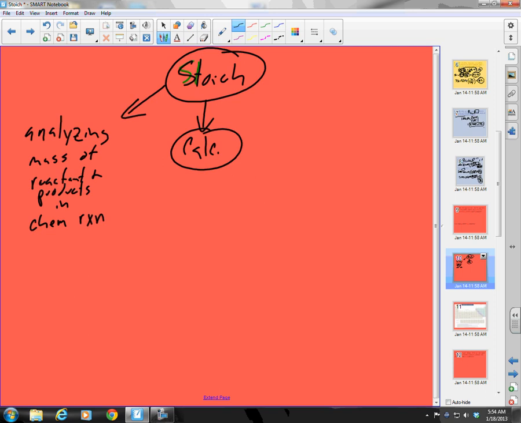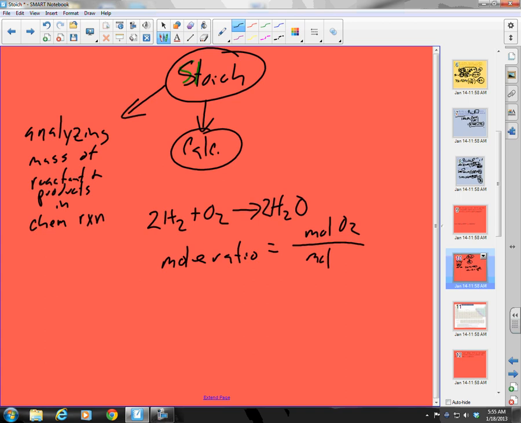That if I have a reaction, the moles of each of these can be related to one another through something called a mole ratio, right? That a mole ratio would be equal to the moles of one of my components over the moles of another of my components. And this mole ratio is determined by the coefficients in my balanced equation.